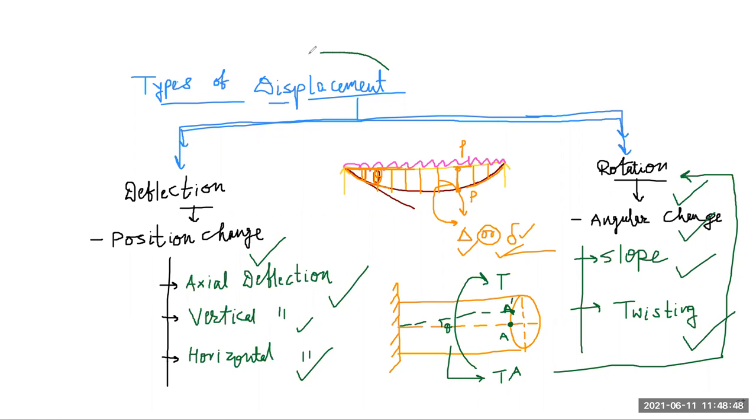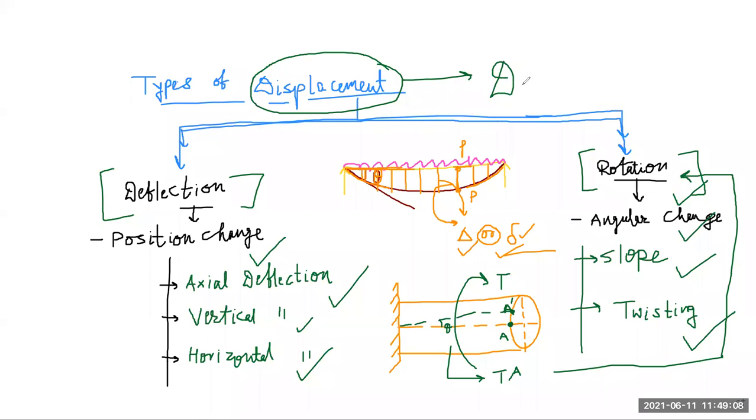So basically you have to add all the values of deflection and all the values of rotation. Then you add all the values of displacement, because in calculation of DK or degree of freedom, both are the same thing. In calculation of DK or degree of freedom, you have to count degree of freedom.